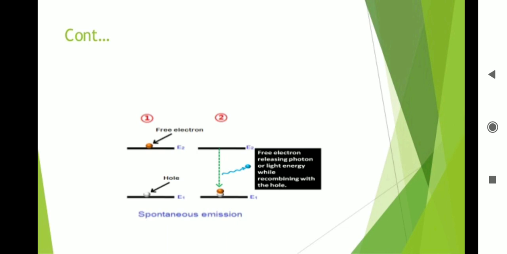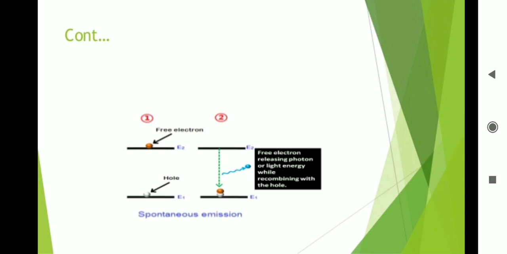You can see at the E1 side, the electron comes back to the lower energy level, releasing energy equal to the energy difference between the two levels. And at the E2 side, it leaves holes after the electron moves to the lower energy level on exhausting its energy.